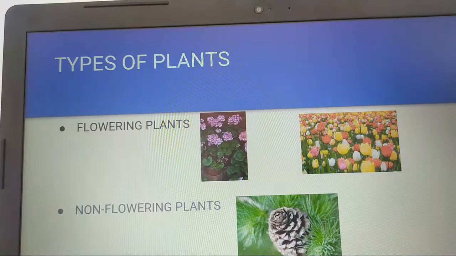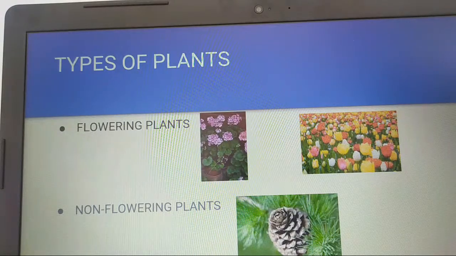Then coming to the second type of plants, it is non-flowering plants. Now, what are non-flowering plants? I suppose now you are aware of what is a non-flowering plant. Actually, these are those plants that do not ever produce flowers.